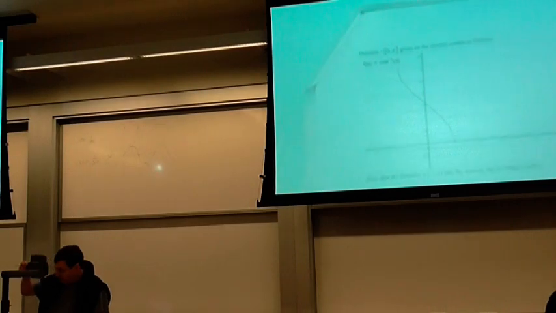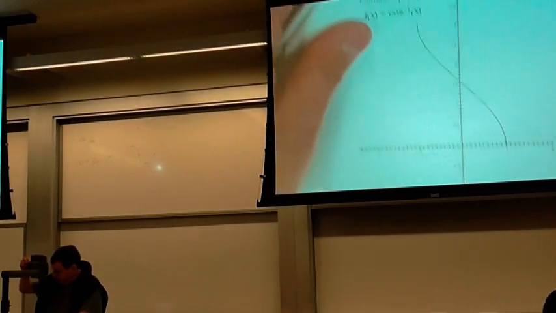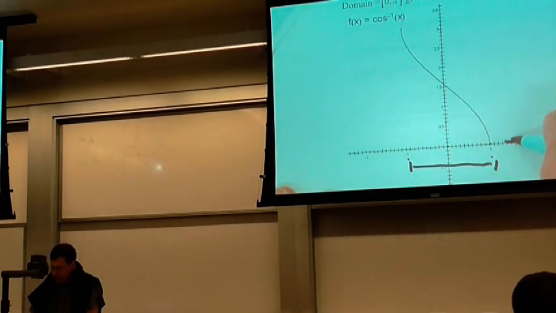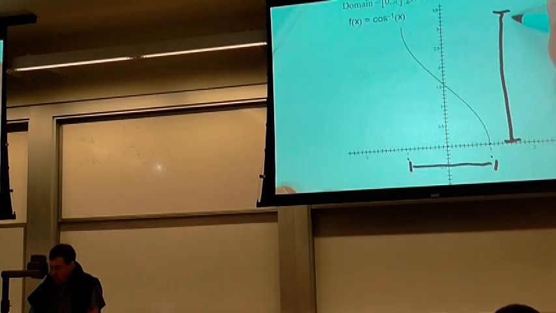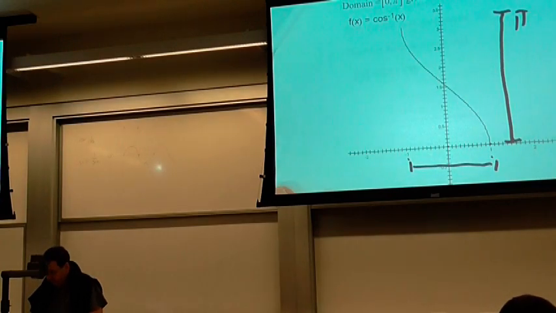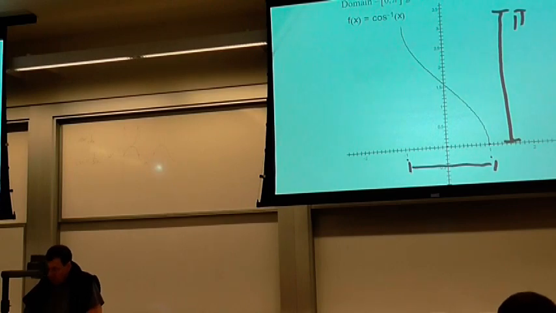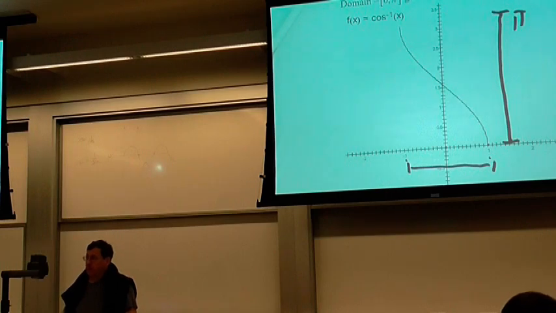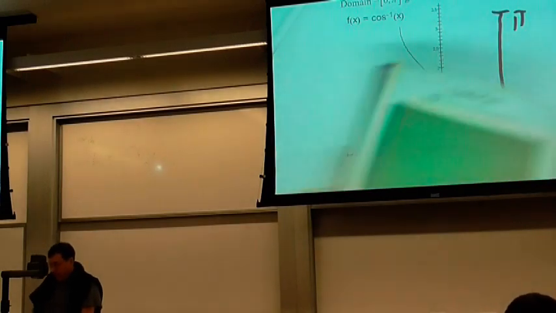And this is what the inverse cosine function looks like. Its domain is between minus 1 and 1, but now its range is from 0 all the way up to pi. Again, this is the standard way of truncating the domain for the cosine function, and it's the way your calculator is going to work.